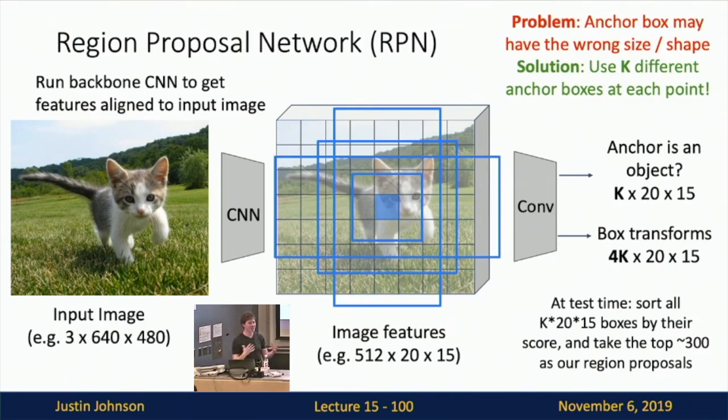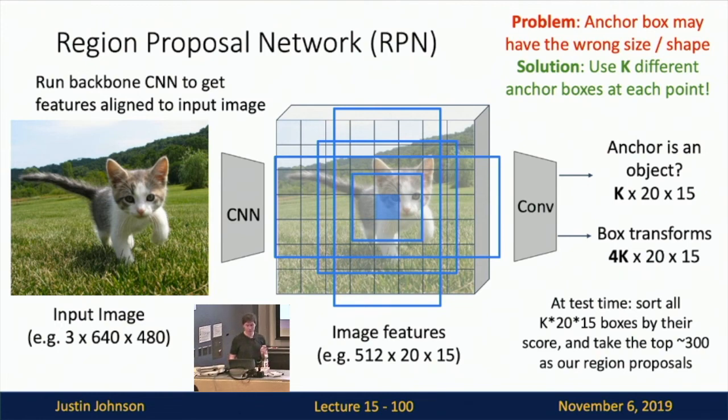But these are pretty much equivalent, and it doesn't really matter which one you do. But you're right that most actual implementations will usually output an explicit positive score and an explicit negative score per anchor, and then use a softmax loss. But you could use logistic regression and output one score. It doesn't really matter.